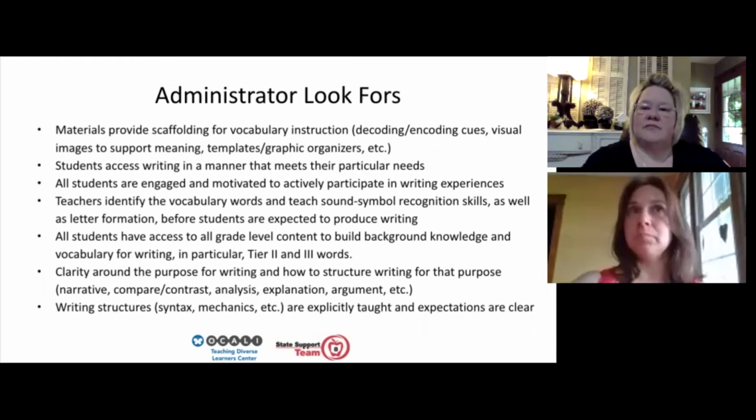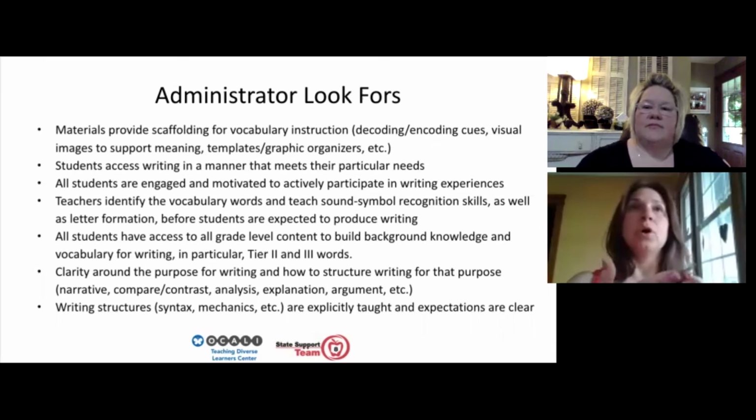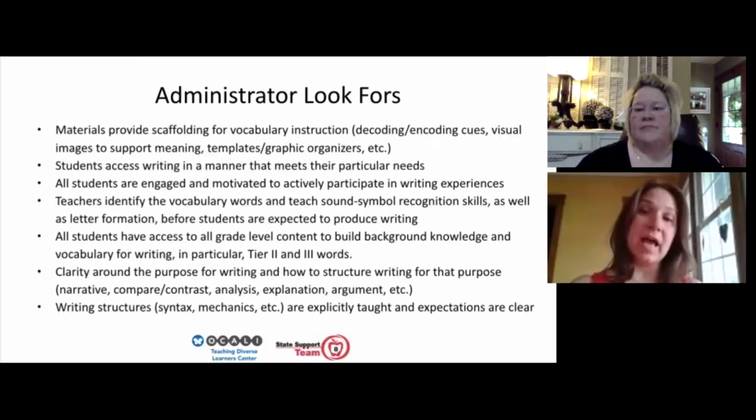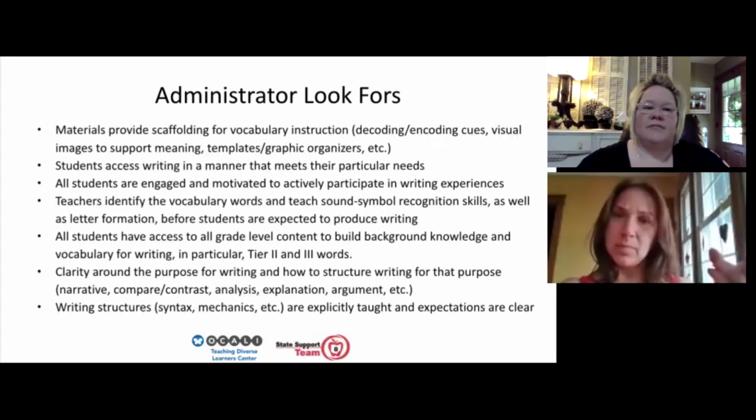Shauna gave you plenty of examples of different ways to access writing, as well as keeping that goal in mind to know if writing is the goal, how are they producing writing, how are they accessing that, and when can we scaffold around the actual writing task to get to a response so that they show you what they know. So keeping those two things in mind as to what is the real goal of the task.